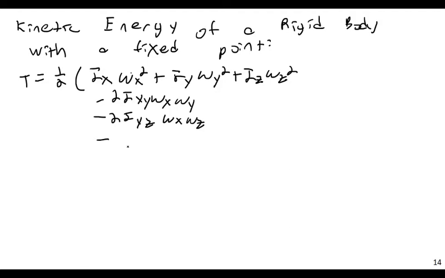So the interaction terms, minus 2 I zx omega z omega x.